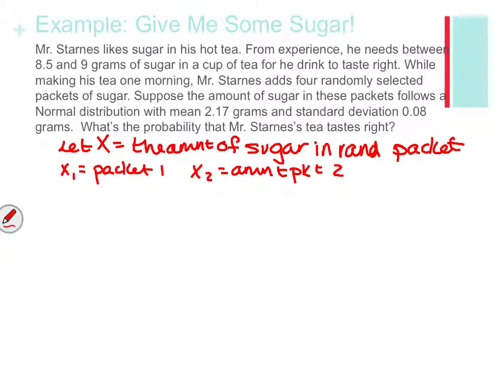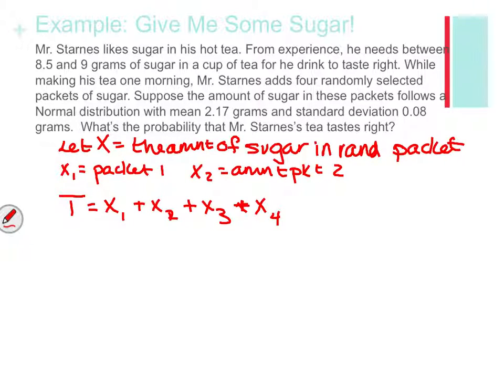We're looking for the combined amount of sugar of those 4 packets. In other words, the amount in packet 1, plus packet 2, plus packet 3, plus packet 4.